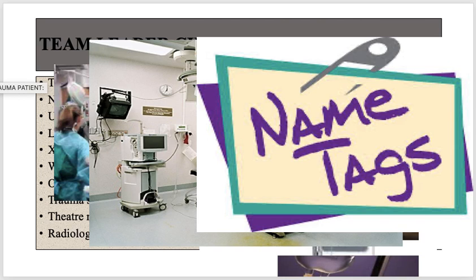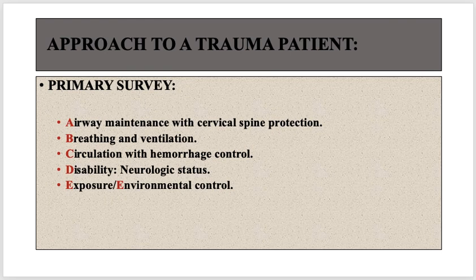What happens in hospitals in reality is that when any patient with trauma is brought to the emergency department, the trauma team gets activated, often before the arrival of the patient, and then we see the patient. When we see the patient, the first thing, as I told you, is transfer and basic life support, and then we go for primary survey, then secondary survey.